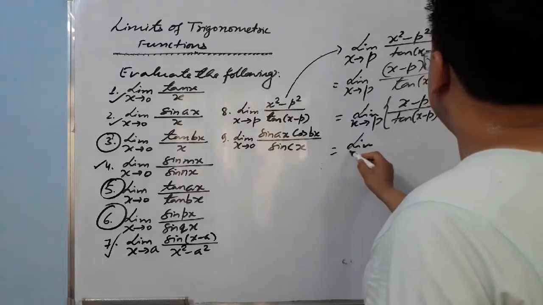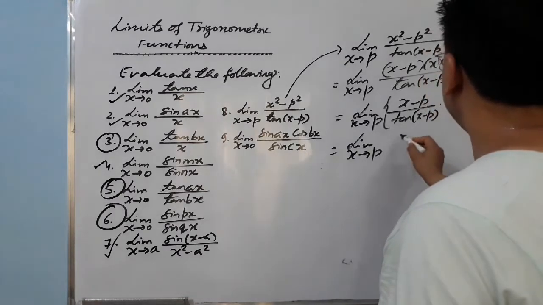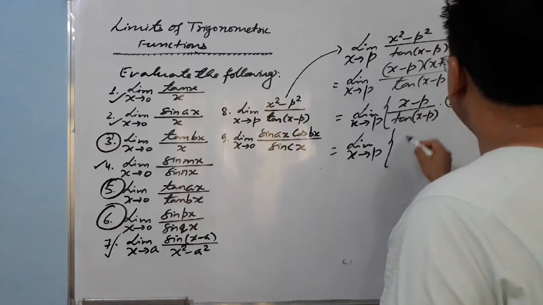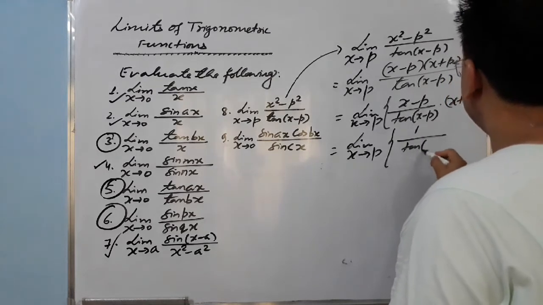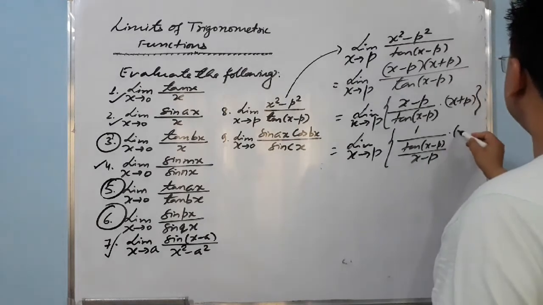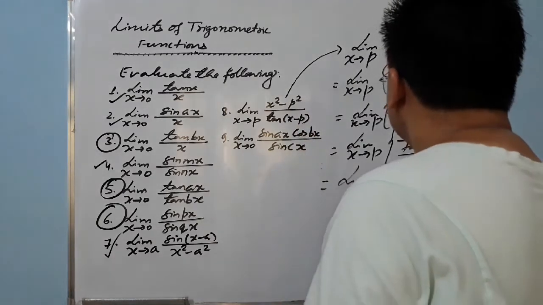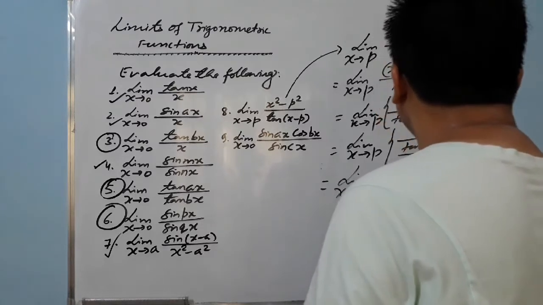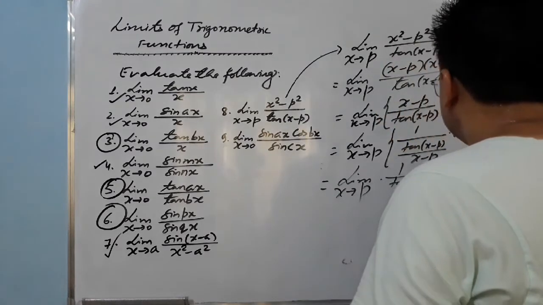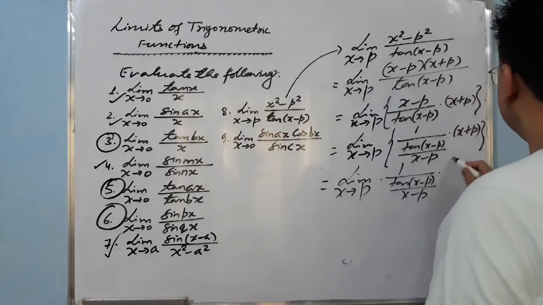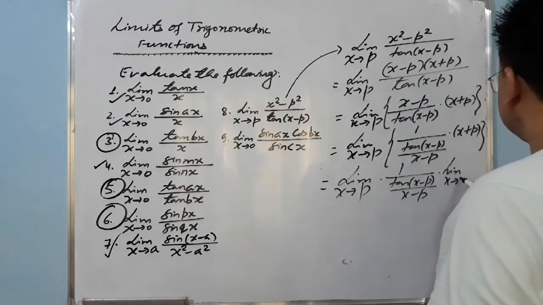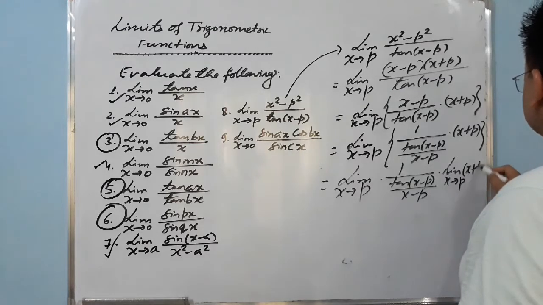Limit as x tends to p, we can write 1 over tan of x minus p over x minus p, into x plus p. Now let's separate. Limit of x tends to p of 1 over tan of x minus p over x minus p, into limit x tends to p of x plus p.